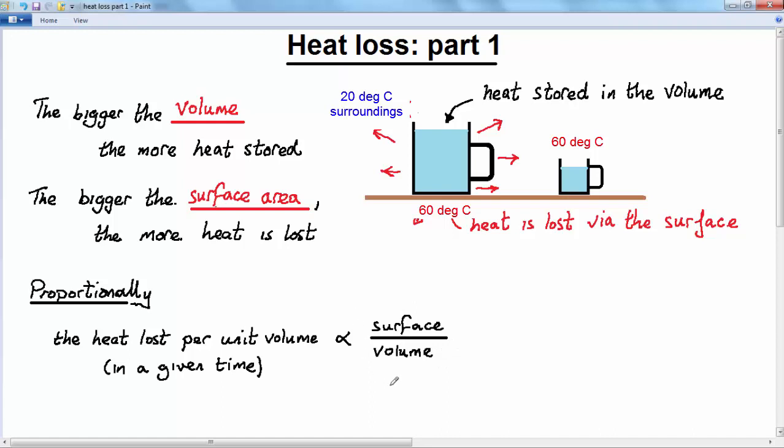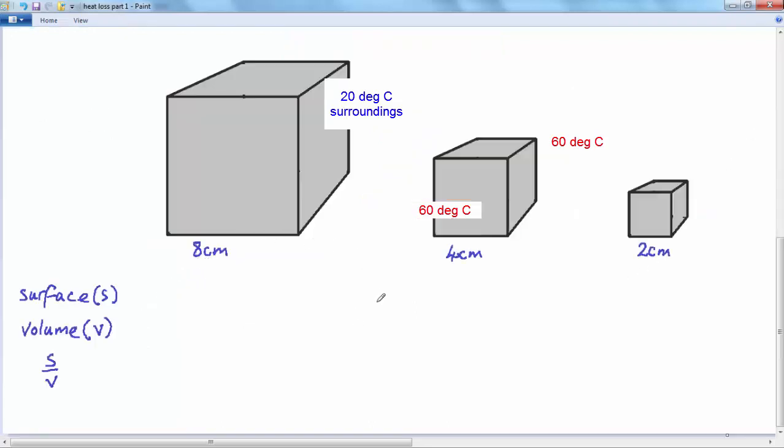So let's just consider some simple geometrical shape, such as a cube. Now these 3 cubes are all made of exactly the same material, and let's suppose they're all starting at exactly the same temperature. You can see we've got a small cube with a size 2 centimeters, then another cube 4, and then another 8. So what we want to do is work out the ratio of the surface area to the volume in each case.